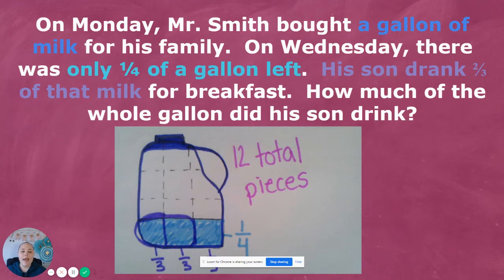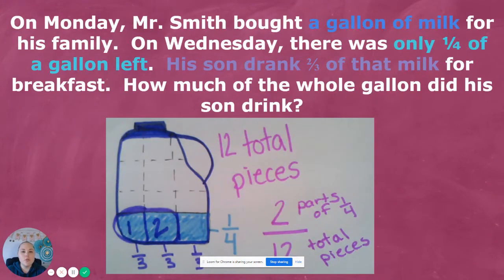So now that I have 12 total pieces and each of those pieces are considered equal, I can come up with my fractional part. So my numerator is going to be the 2 parts of the 1/4, and my denominator is going to be the 12 total pieces. So he drank 2/12 of the whole gallon.